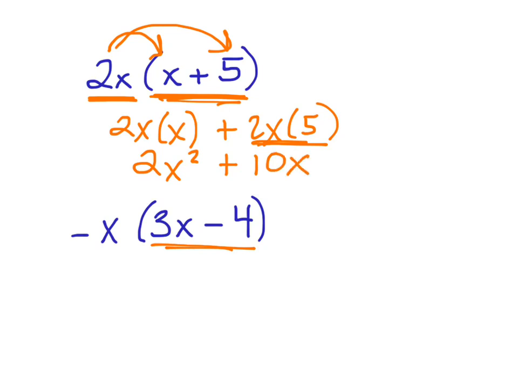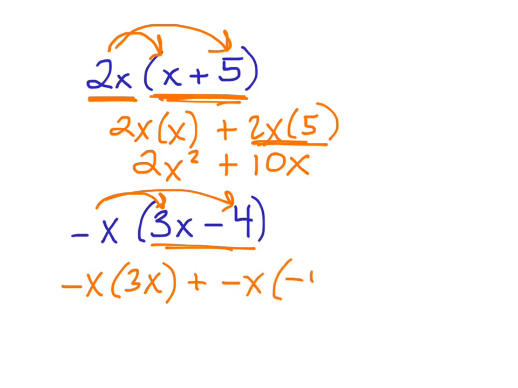In the second example, we have a negative x being distributed, so this would be a negative x times 3x, and then we'll do a plus sign here, plus a negative x times a negative 4. So this gives us, in the first term, really a negative 1 times x times 3 times x.